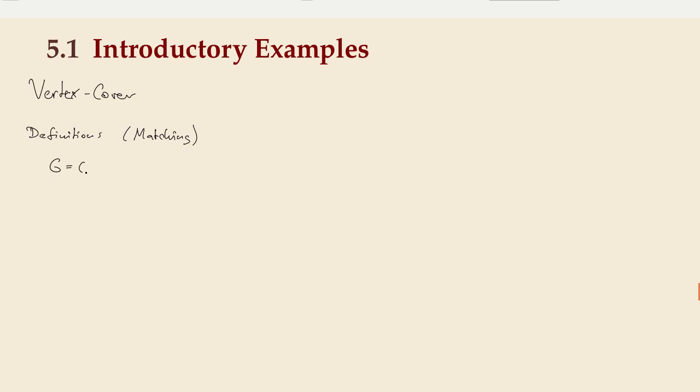If we're given a graph, then a matching is a subset of the edges M exactly if no two edges in M share a vertex. So let's just do a very simple example.